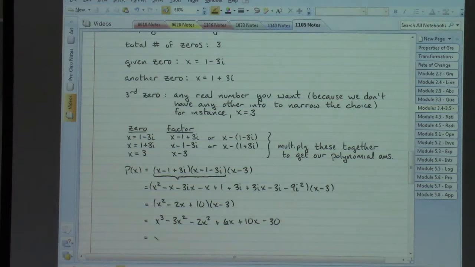And so combining our like terms and getting a more standard looking polynomial, x cubed minus 5x squared plus 16x minus 30. And that would be our polynomial based on all that stuff.